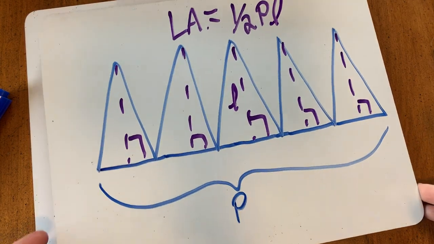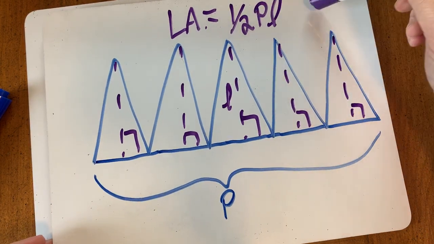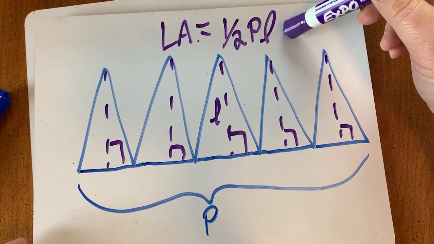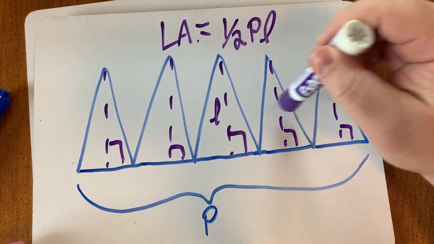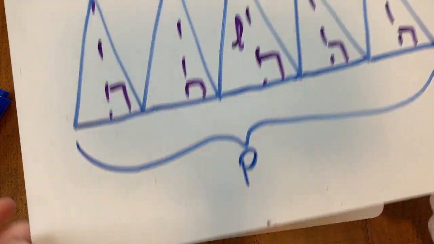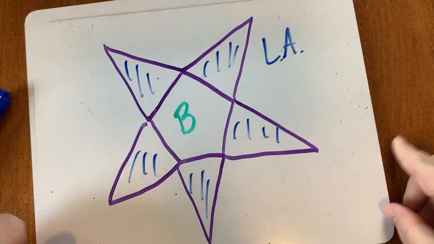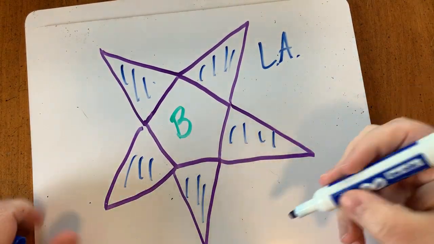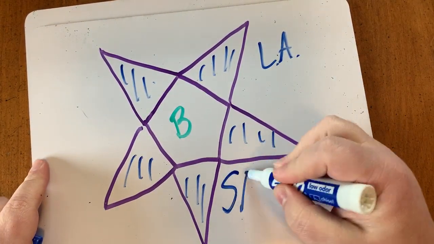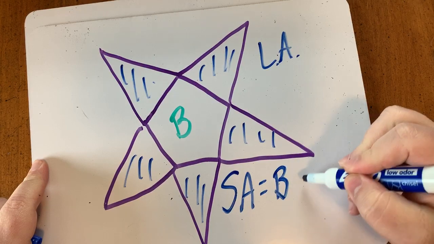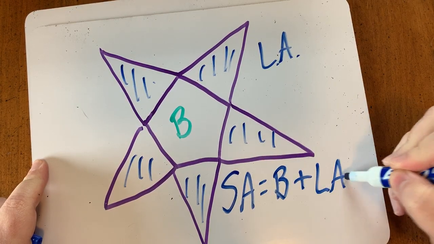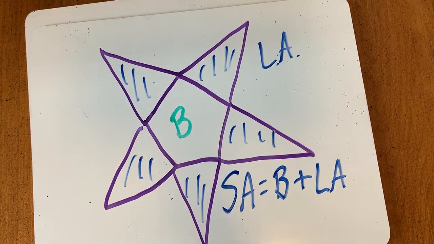So our lateral area is 1/2 times the perimeter of the base times the slant height, if all the lateral faces have the same slant height. And that means the total surface area, it's the area of the base plus that lateral area.